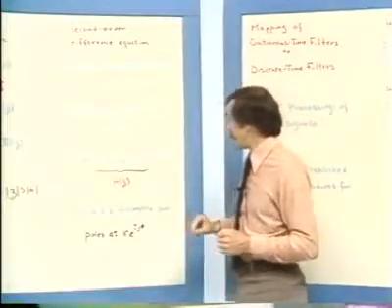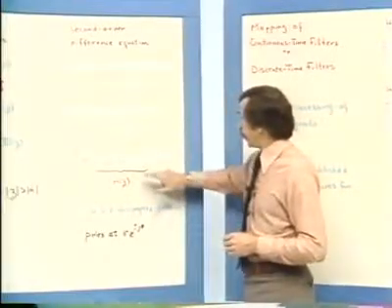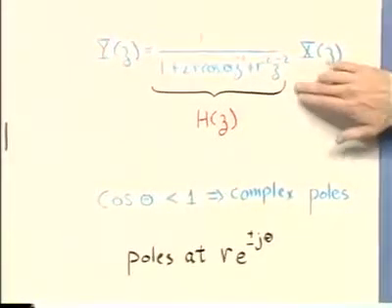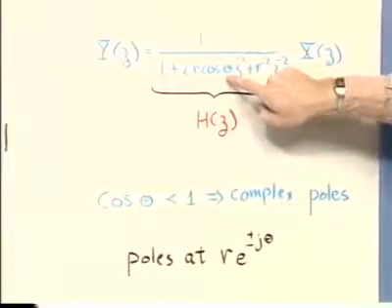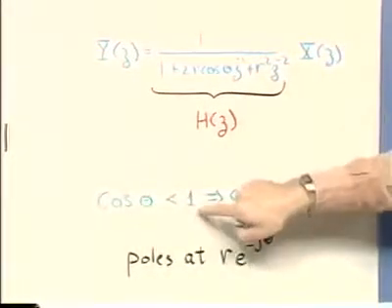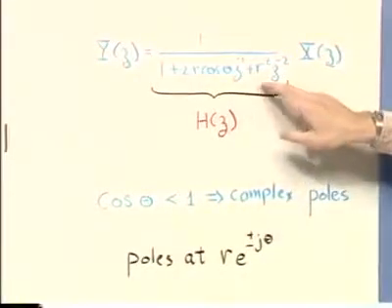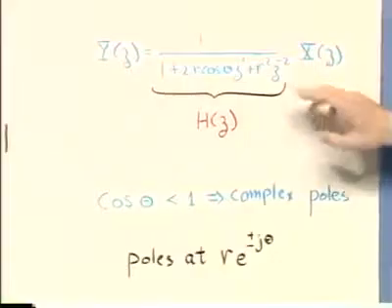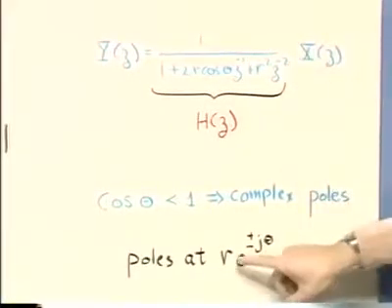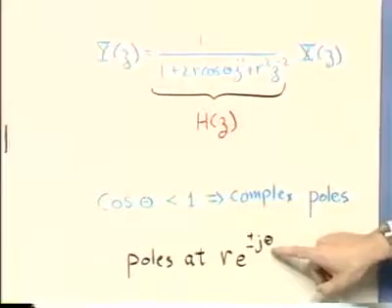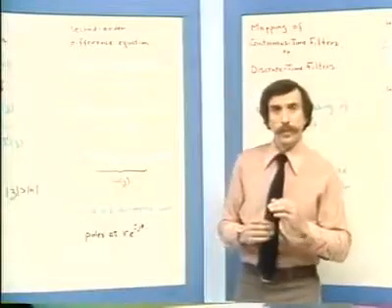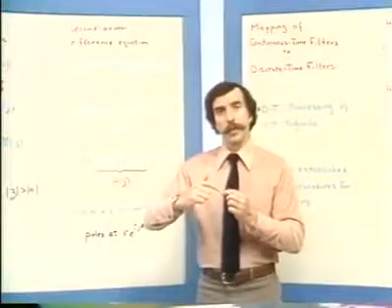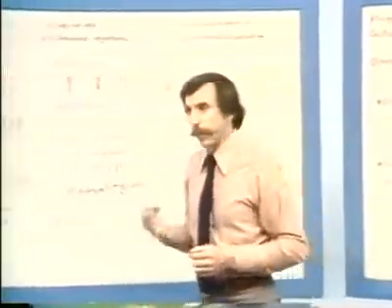Well, you can verify this algebraically at your leisure, but if cosine theta is less than 1, then the roots of this polynomial will be complex, and in fact the poles are at r e to the plus or minus j theta. So for cosine theta less than 1, the poles are complex, at an angle theta and with a distance from the origin equal to the parameter r.